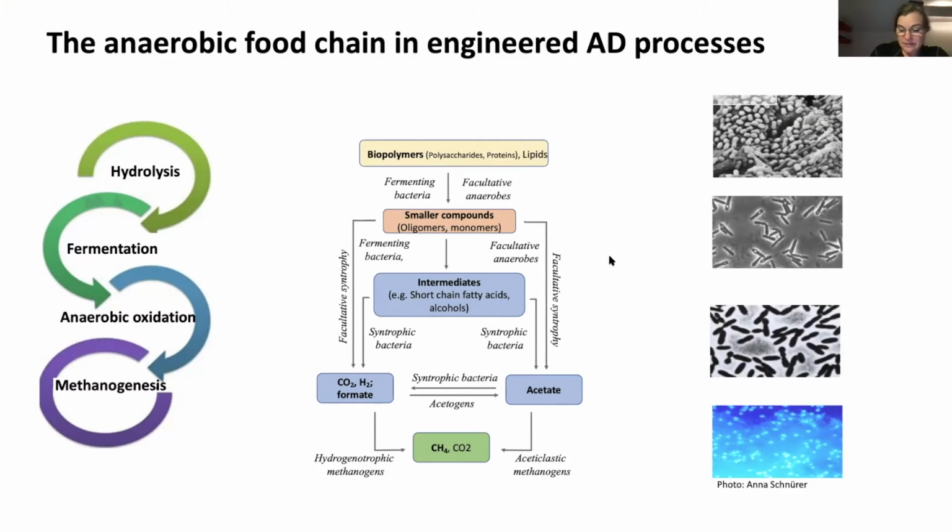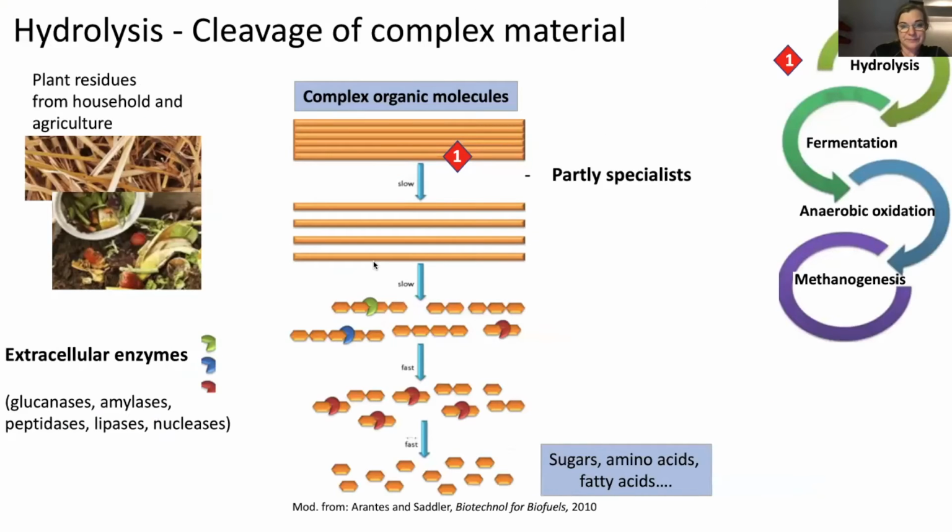We look a little bit more detailed at the steps. What happens there? The first step was the hydrolysis. This is performed by many specialists, and these specialists excrete a lot of extracellular enzymes into the environment. Partly they keep them fixed on their cell surface.